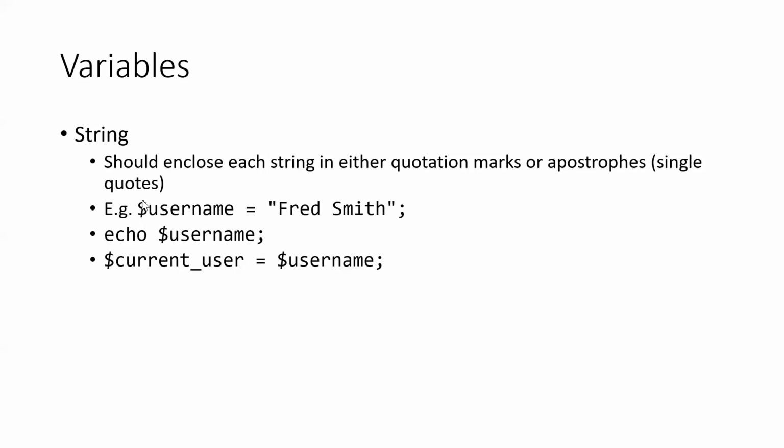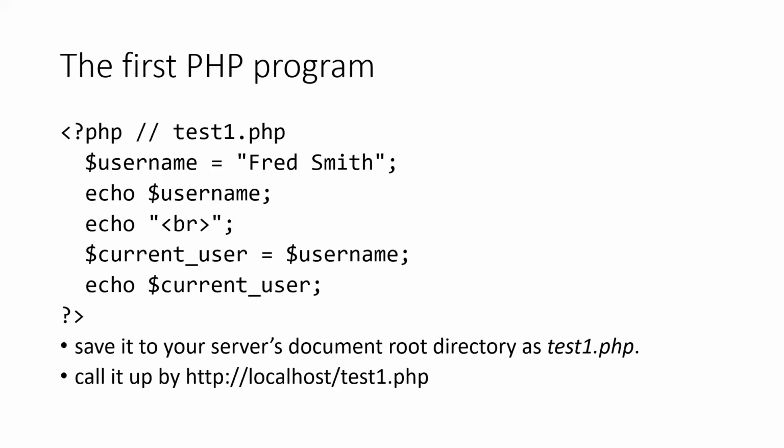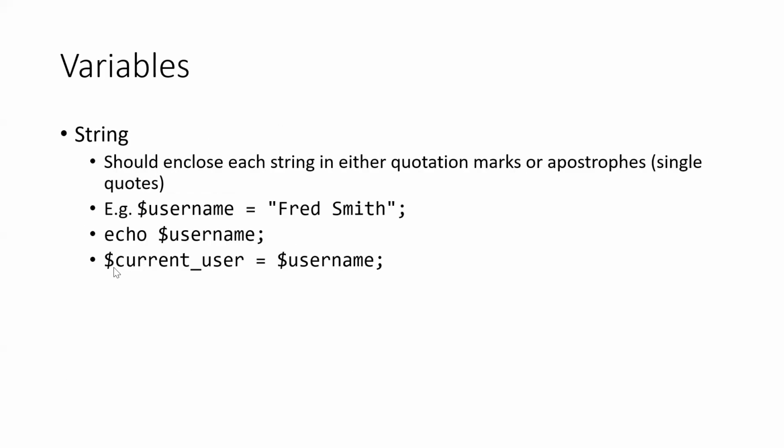Dollar username is the variable name given, and we store Fred Smith here. And when you want to output this, you can just say echo dollar username, right? And then you can actually assign to another variable.